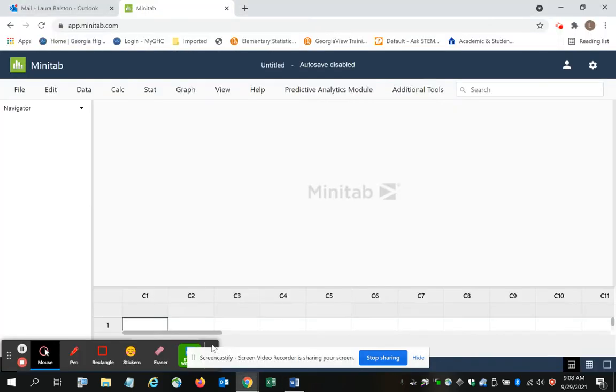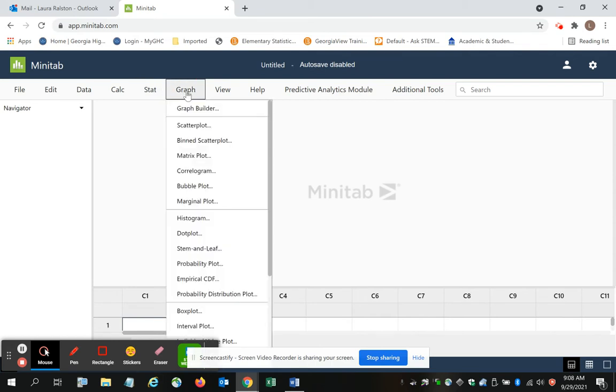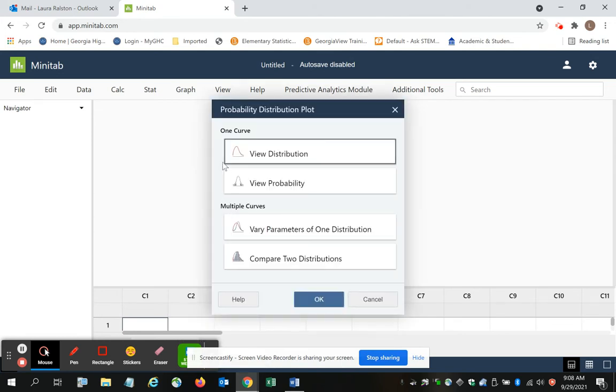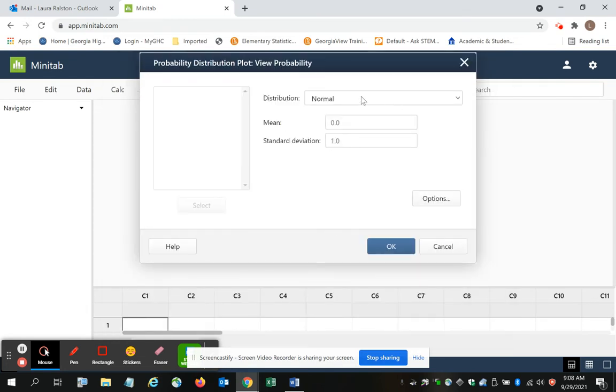So I'm going out to Minitab. We go to Graph, and we scroll down to Probability Distribution Plot. Then we want to view the probability. I click OK. I am using a normal distribution. The mean that's given to me is $2.98.